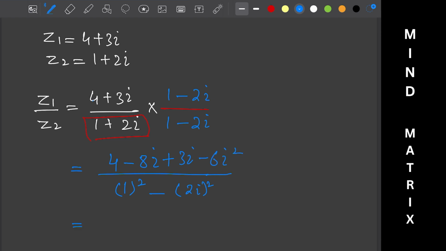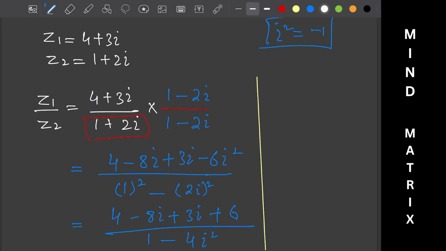As we know that iota square equals minus 1, we have 4 minus 8 iota plus 3 iota plus 6 over 1 minus 4 iota square.